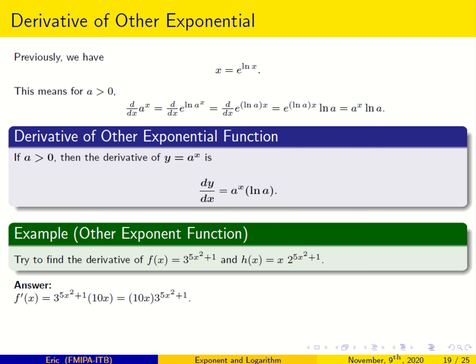You should multiply by the natural logarithm of 3, and in the same way, you lack the natural logarithm of 2 there. So this is not correct. You can do this on your own.